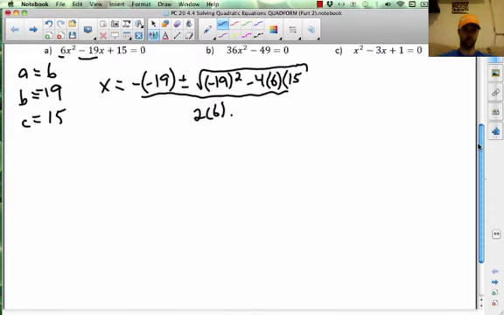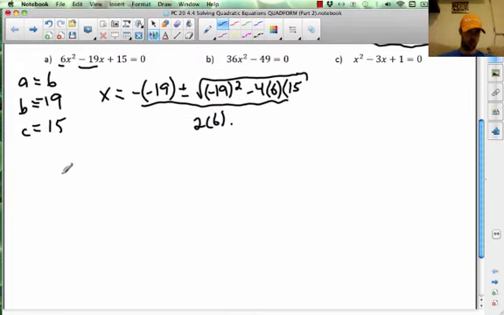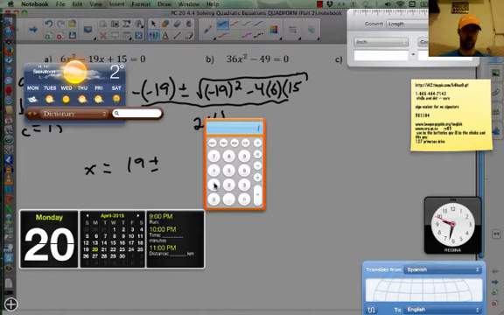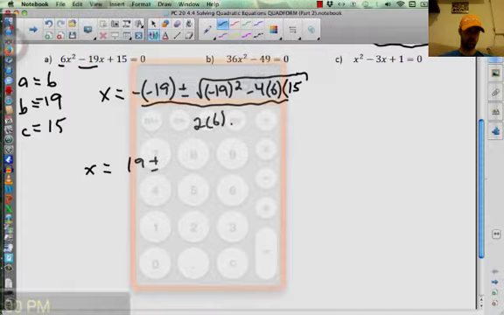All right, now start simplifying. X equals 19 plus or minus. Then we need to find out what's under our root sign here. Do some calculations. 19 squared is 361.